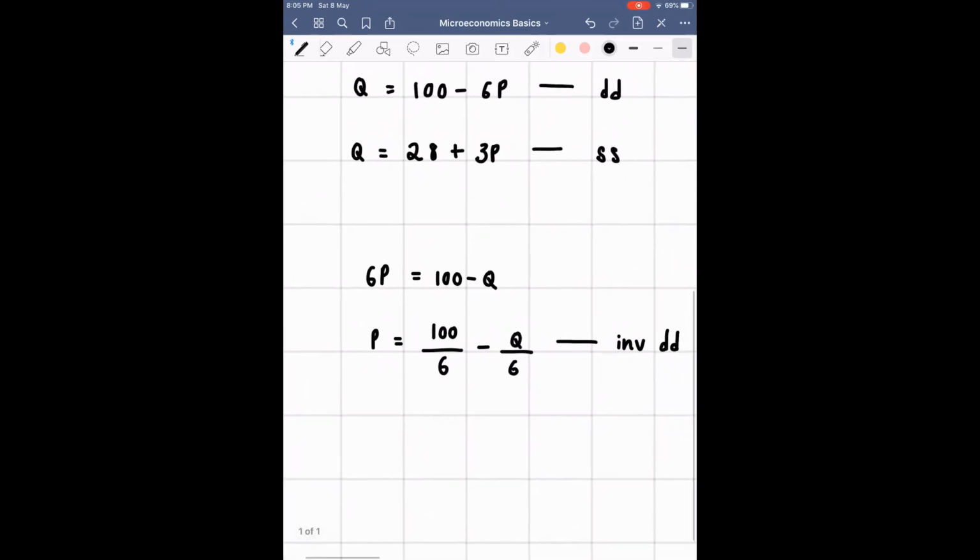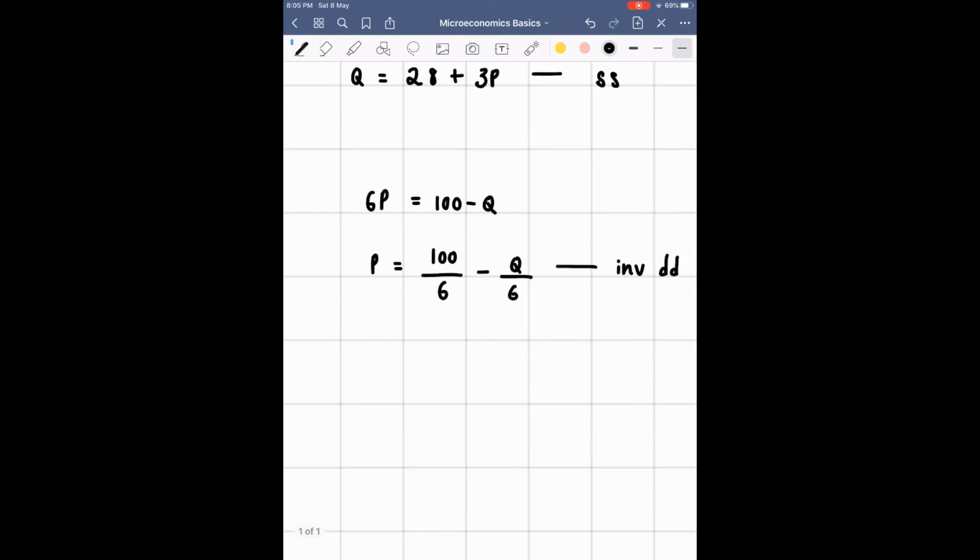Let us do the similar thing for the supply function. We're going to have that 3p is equal to Q minus 28, and P is going to be Q divided by 3 minus 28 divided by 3.